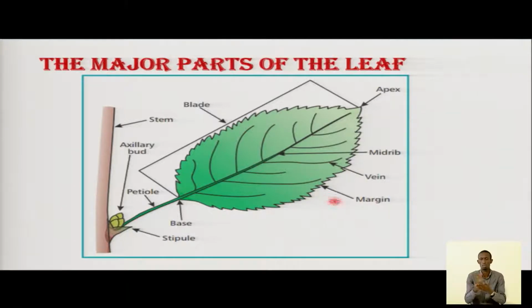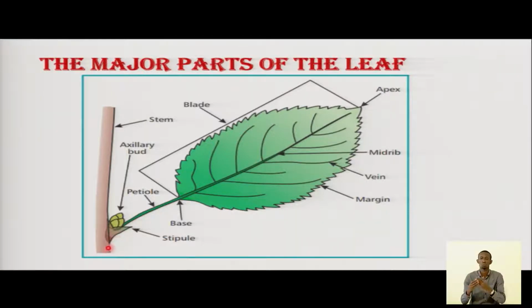Then we have the leaf margin, which is the outermost part of the leaf. As you can see, this leaf is toothed. Then we have the leaf base, and from the leaf base you can see we have the petiole, and the function of the petiole is to attach the leaf to the stem. Then from there you can see we have the stipule. This one is very important because it protects the leaf during young stage.